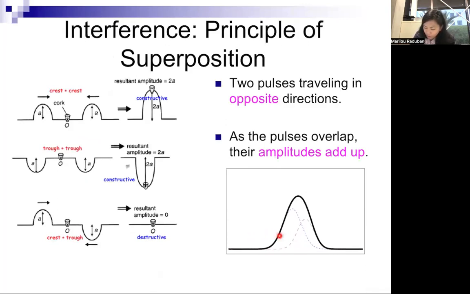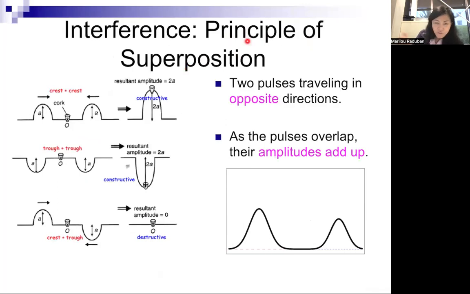Notice as the pulses meet, when the pulses overlap, they sort of reinforce each other. So there's this adding up of the amplitudes of the pulses according to the principle of superposition. So the principle of superposition simply says that when these two pulses meet, their amplitudes add up.